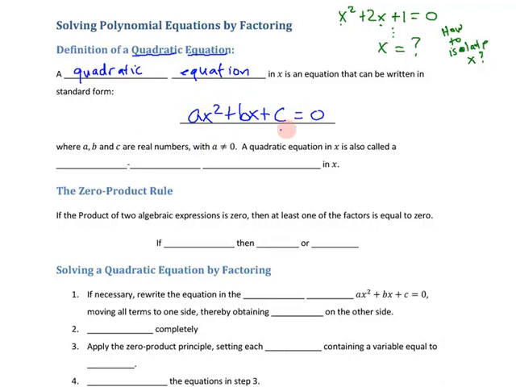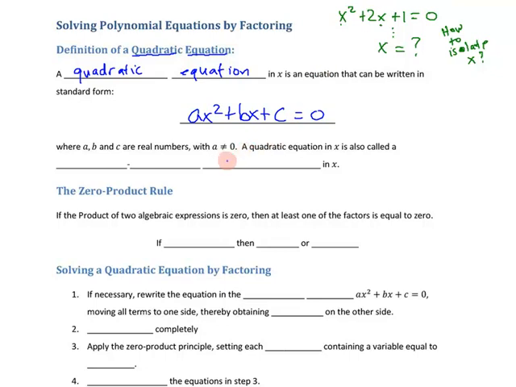That's what we call a quadratic equation. Even if it's written where the x and the b and the c are on the right-hand side, if you can get it into this form, it's still called a quadratic equation. So this example I wrote up here is a quadratic equation.